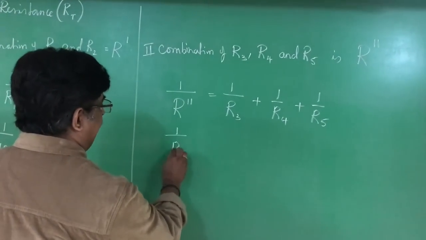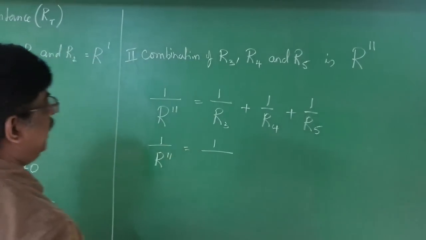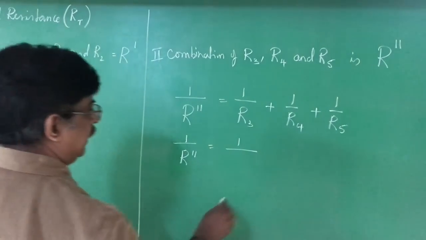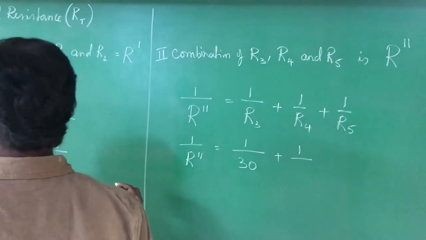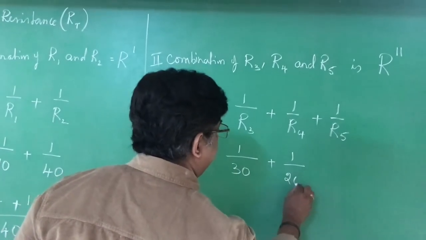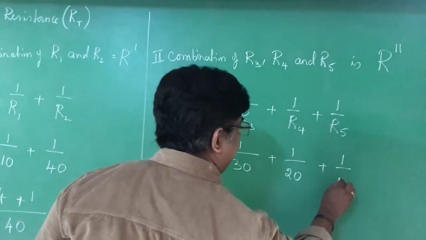1 by R double dash is equal to 1 by R3, R3 is given as 30, plus 1 by R4, R4 as 20, plus 1 by R5, R5 as 60.